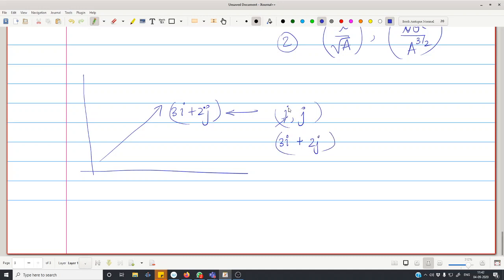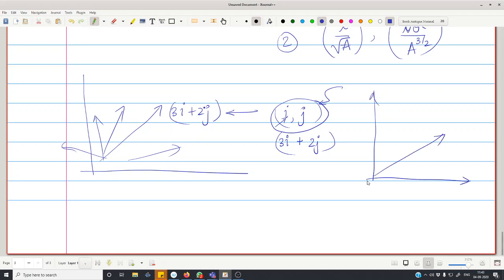With the help of this basis, I can construct any 2-dimensional vector. But are i and j the only basis? The answer is no. In fact, any 2 non-collinear vectors in the plane can also form a basis. Suppose this is my basis 1 vector and basis 2 vector. I can represent any other vector as a linear combination of these two also.